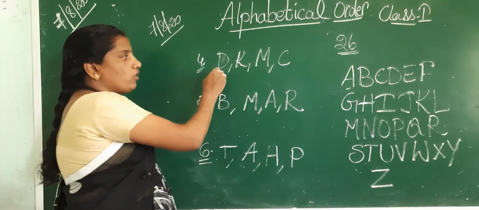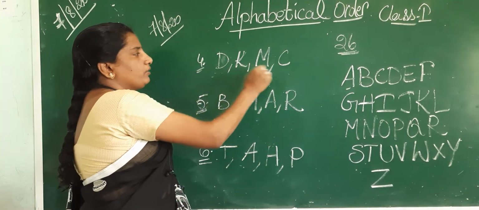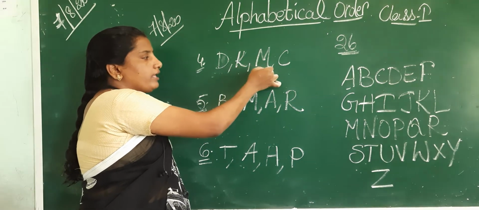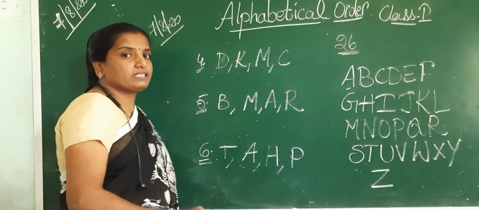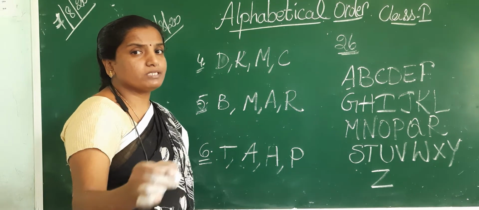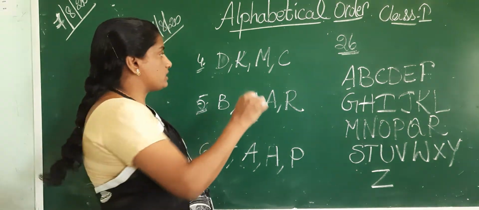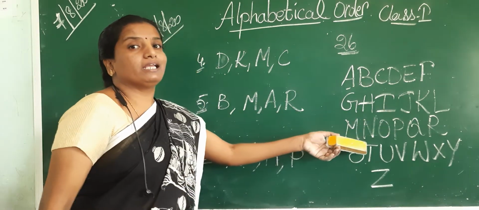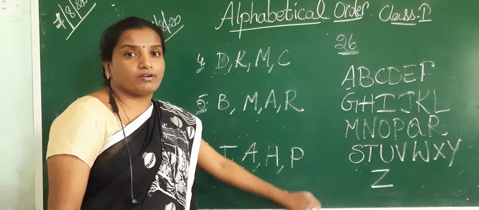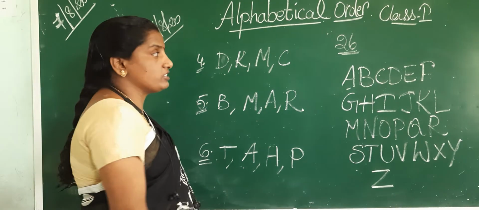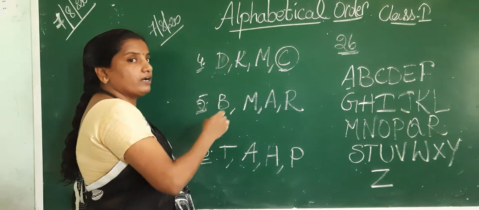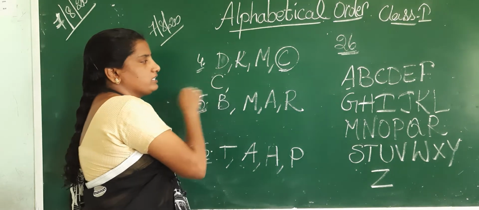If you observe the first one given to you, what is given? D, K, M, C. Now observe each and every letter. Which letter comes first in our English alphabets? You can easily identify. C. So we have to circle C here and write it.